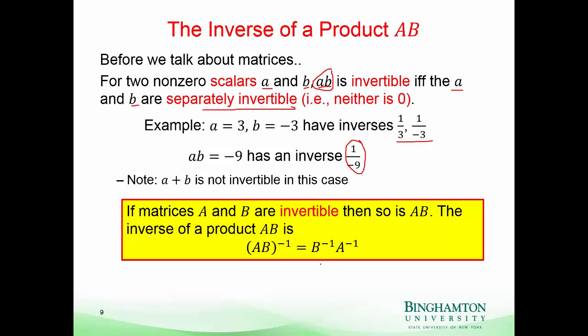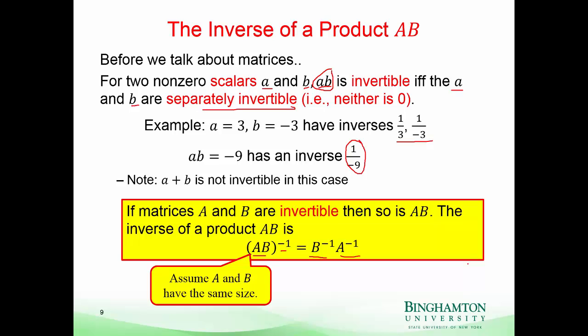But here it will be important. So AB, in that order, take the inverse of their product, turns out to be B inverse first, then A inverse. And we're assuming here that A and B have the same size, because first of all, we are limiting ourselves to square matrices.